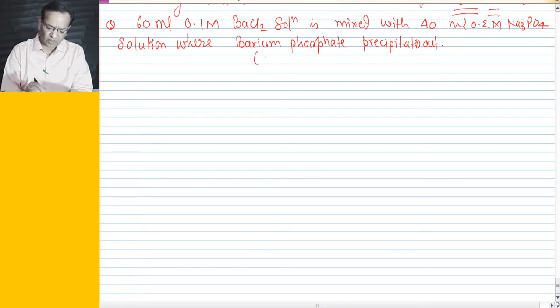Molar mass of barium phosphate is given. It is 601 gram per mole.